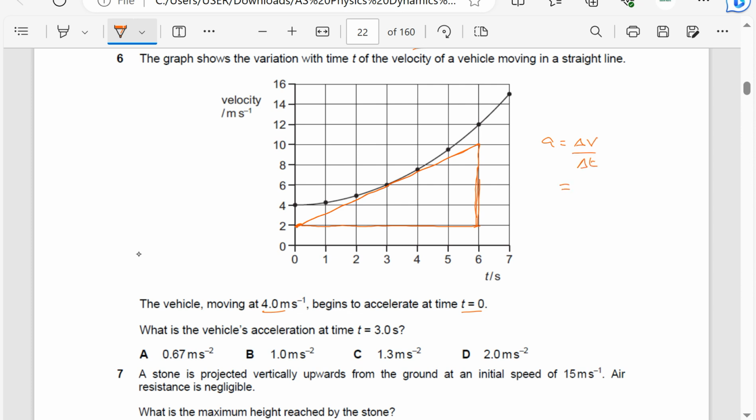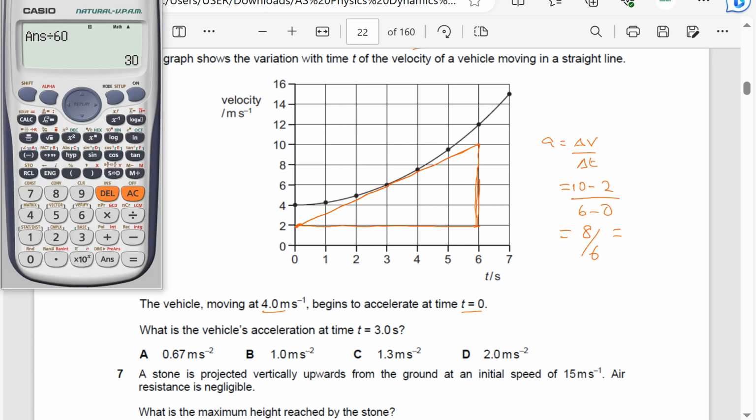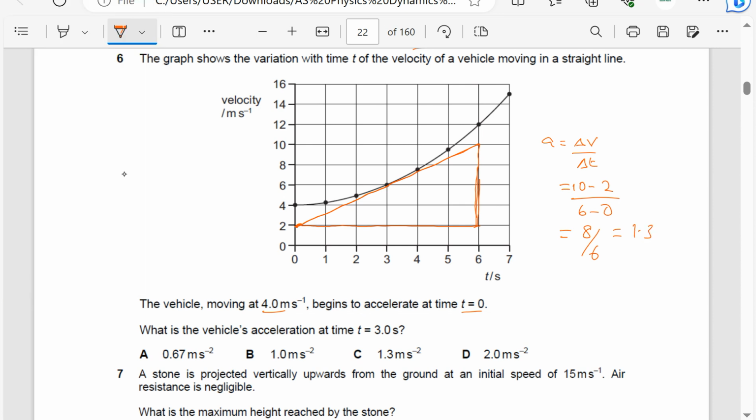So the change in v is 10 minus 2 divided by 6 minus 0, which gives me 8 divided by 6. I think that is 1.3 recurring, which makes my answer C. Draw a tangent at 3, find the gradient of that tangent, so that is approximately 1.3.